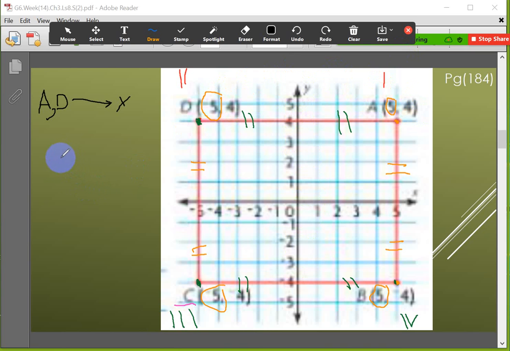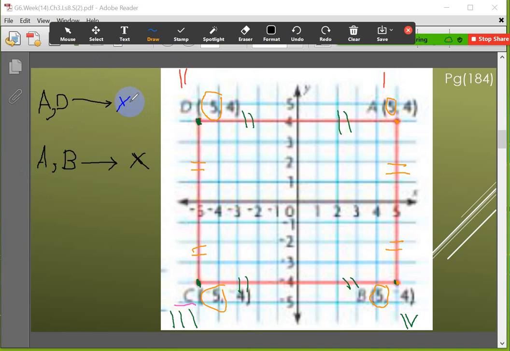When I have 2 points like A and B, those 2 points have the same x, but the y is opposite, 4 and -4. That means the x-axis is the line of symmetry for those 2 points.